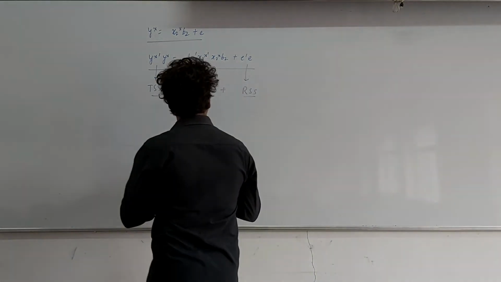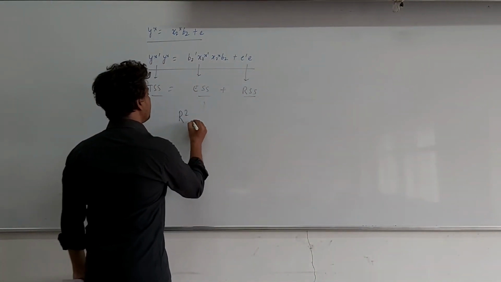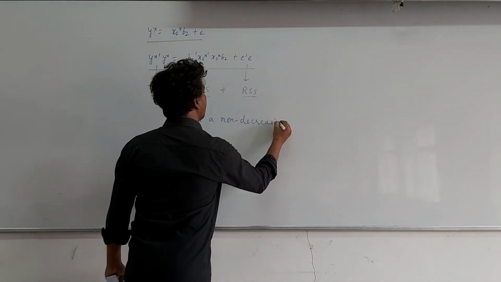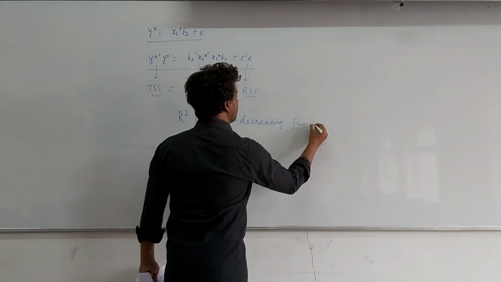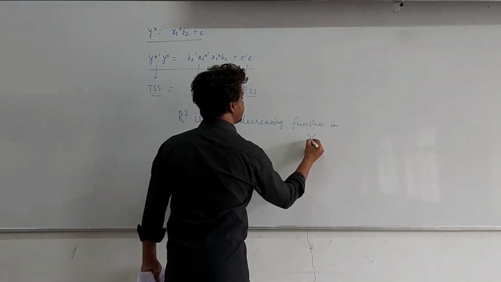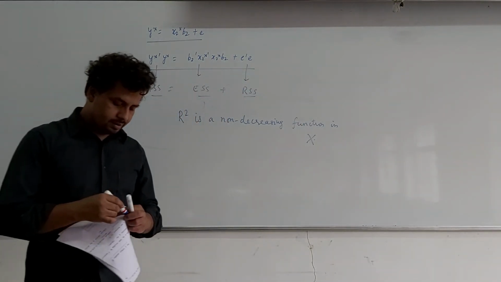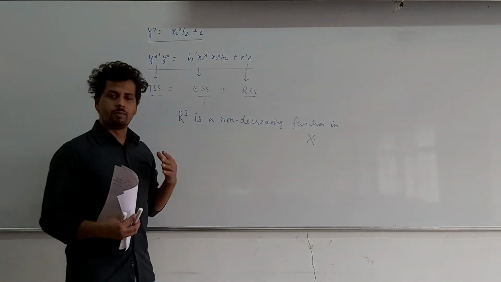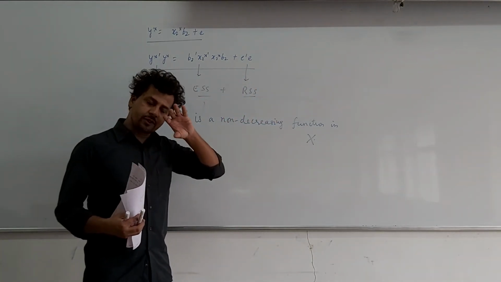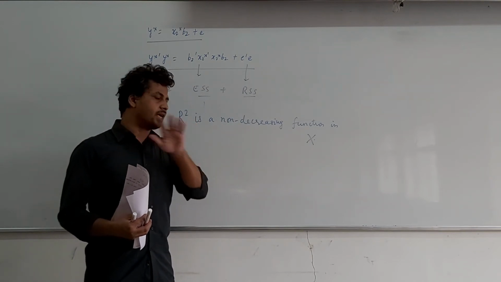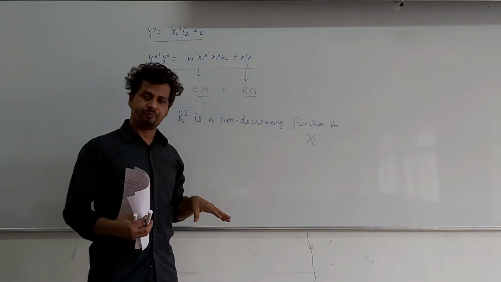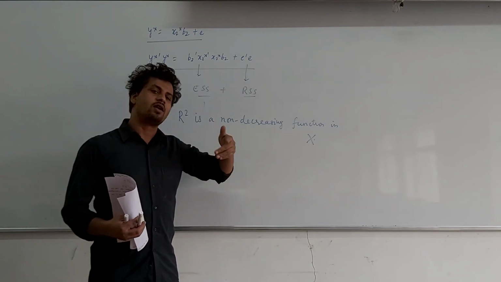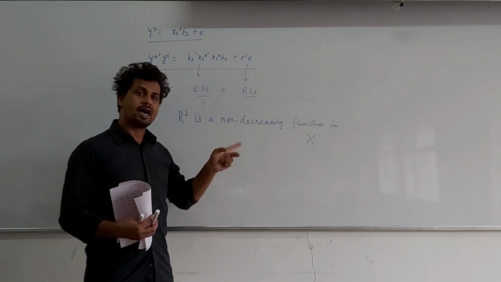So in mathematical terms, I'll say that R square is a non-decreasing function in x. मतलब क्या है इसका? कि आप जितना नंबर ऑफ एक्सप्लेनेटरी वेरिएबल्स you can keep on adding in your model, even if that explanatory variable does not have any partial correlation coefficient with y, then your explained sum of squares will not increase. So your R square remains constant.